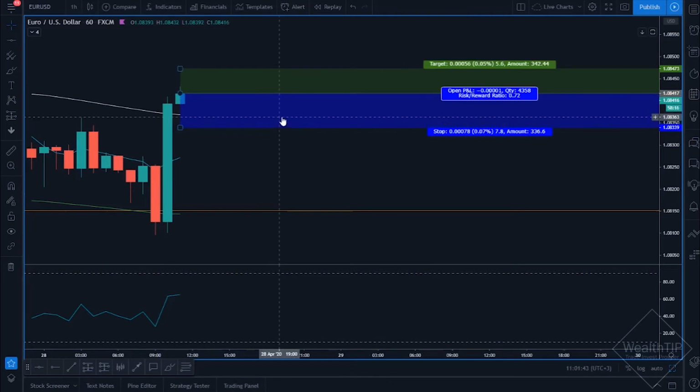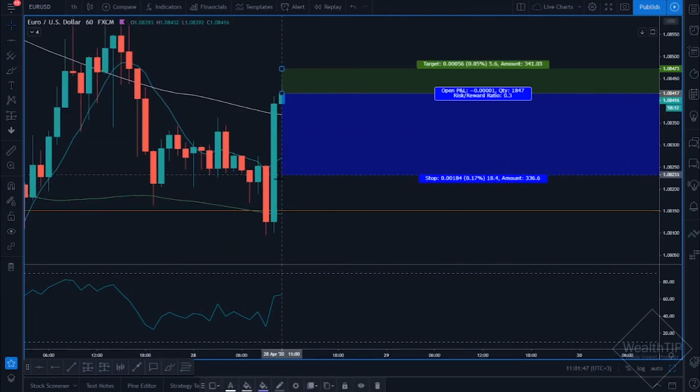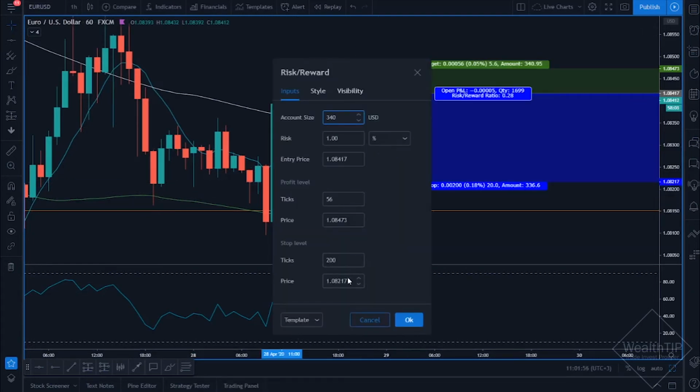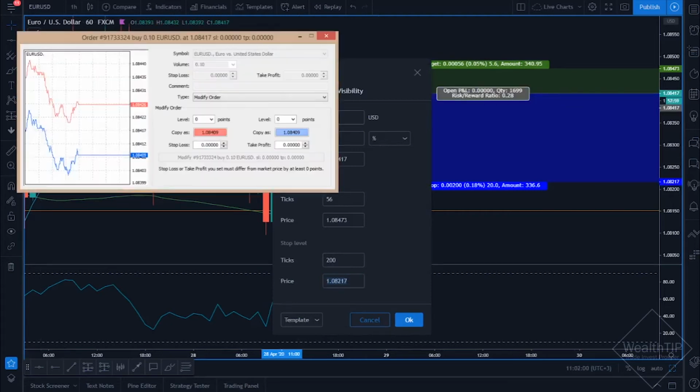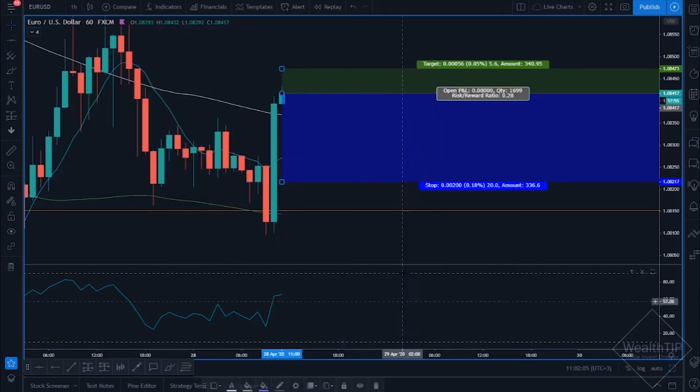Okay, and we're going to look to put the stop about here. So let's make it about 20 pips for this trade. There we go. I think 20 pips is reasonable. If the market does retrace that deep, then we know the position is off. So we got that in over there.